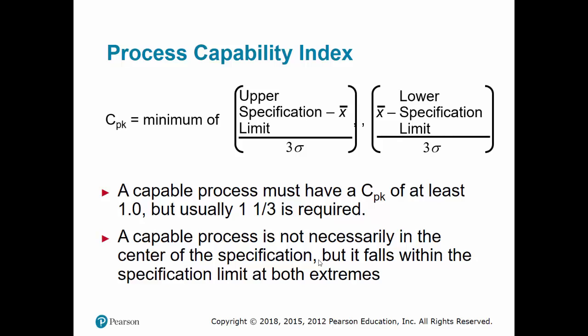So a C sub pk of 1 means your 3 sigma limit will fit into the specification, which is mediocre. If C sub pk is 1 and 1/3, then the 4 sigma range will fit into the specification limit. That is the minimum standard people normally require. But if your sigma is so small that C sub pk is 2, then the 6 sigma range will fit into your specification. That's the gold standard.